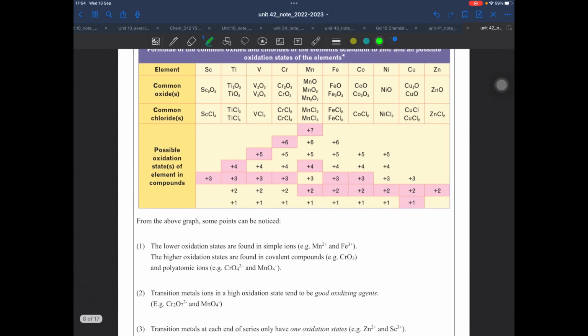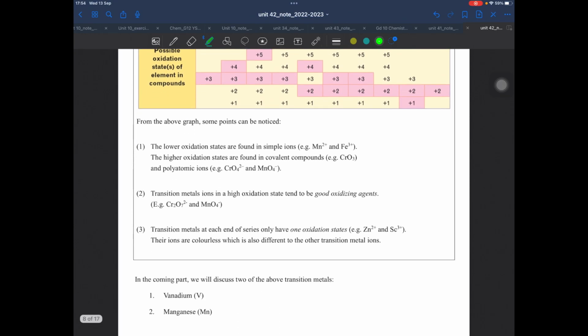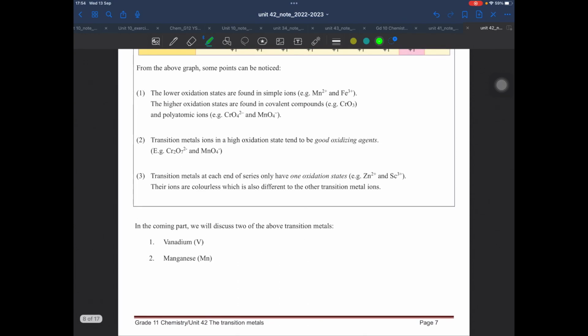Here shows, first, again, no need to spend time memorizing this table, okay? Forget this. All I can tell you is, first, a metal ion with lower oxidation state, what is meant by low is positive 3 or below. It's called lower oxidation state.